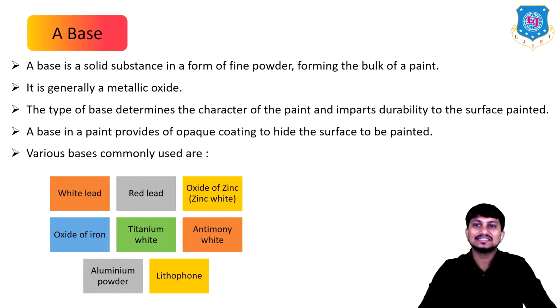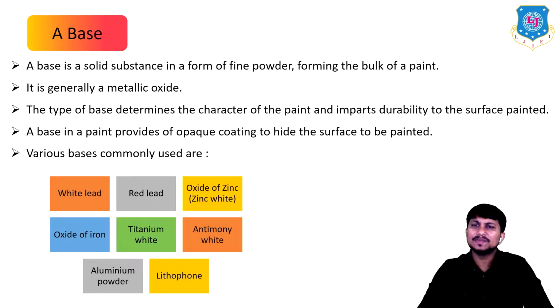A base is a solid substance in the form of fine powder forming the bulk of the paint. It is generally a metallic oxide. The type of base determines the characteristics of the paint and imparts durability to the surface painted. A base in paint provides an opaque coating to hide the surface to be painted.